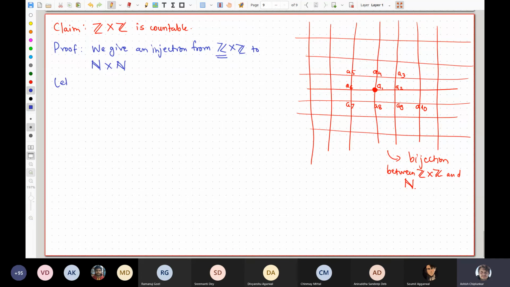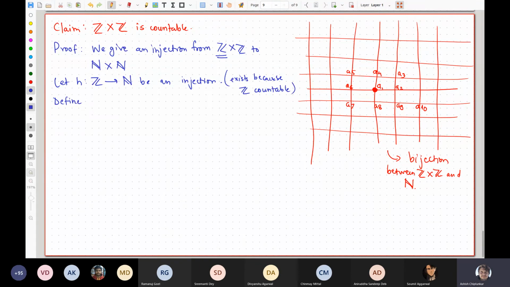So let H going from Z to N be an injection. This injection exists because Z is countable.